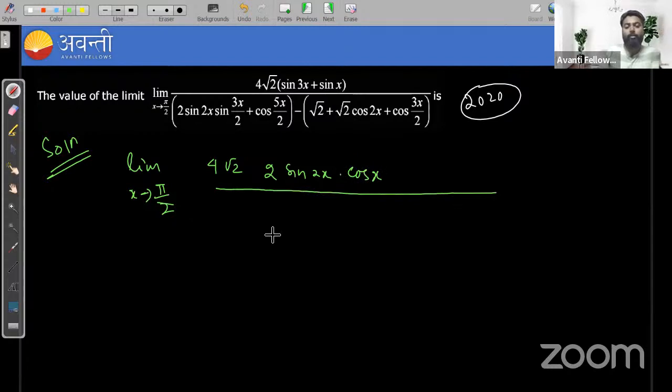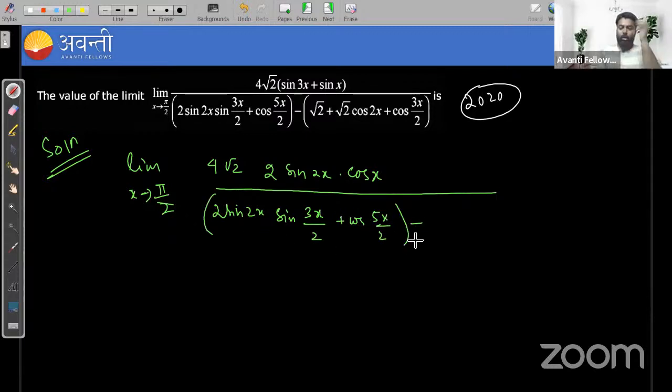And in the denominator, we have 2 sin 2x, और यहाँ पे मेरे पास क्या है, sin 3x, वैसे ही रहना, 3 sin 3x by 2 plus cos of 5x by 2, minus root 2.